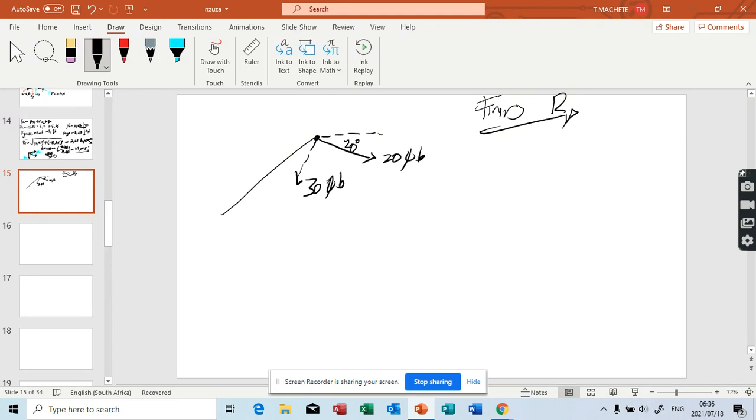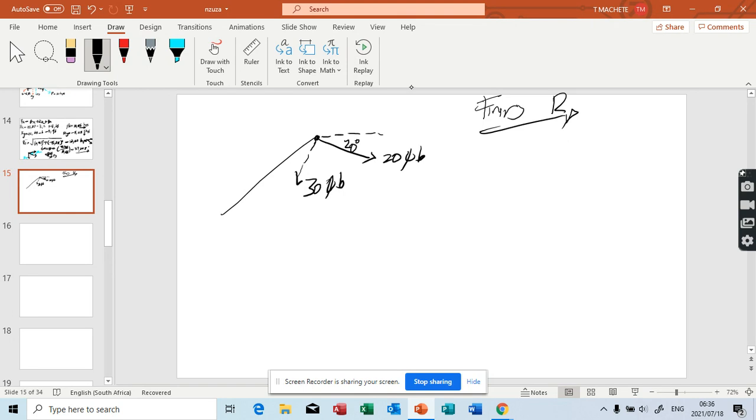Okay, there they are asking you to find R. You're going to find that. It's easy. Already, as you can see, we are given this. How do you find R with this one?